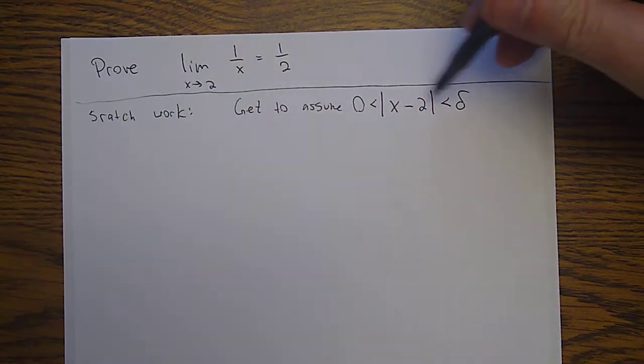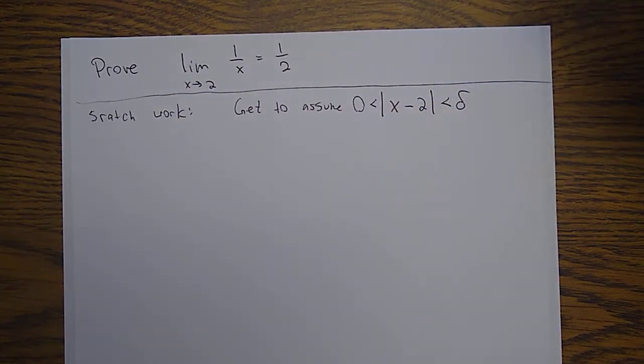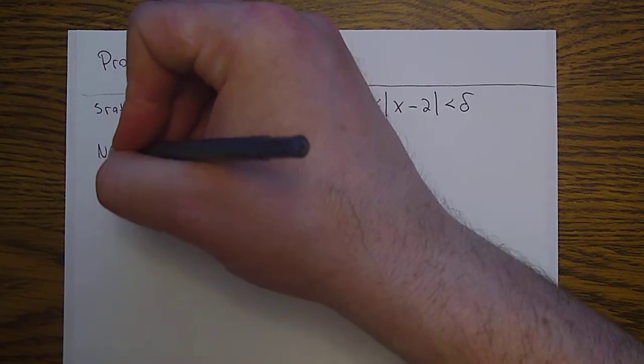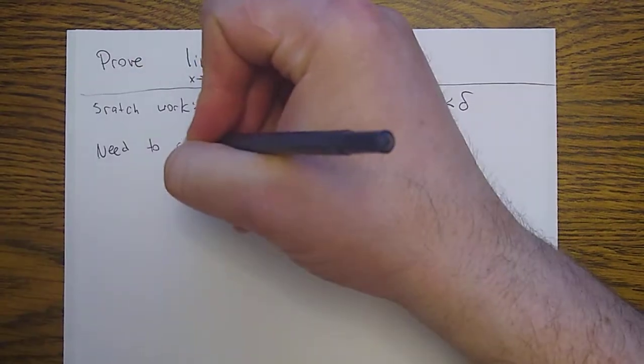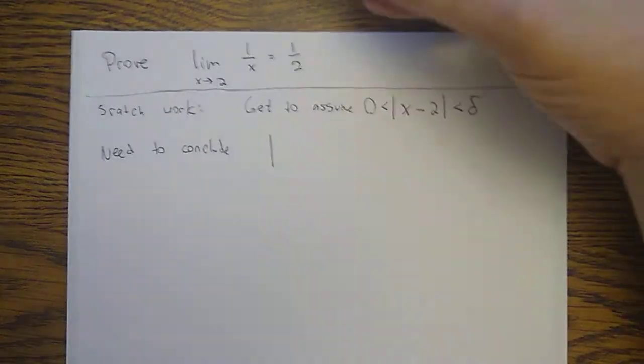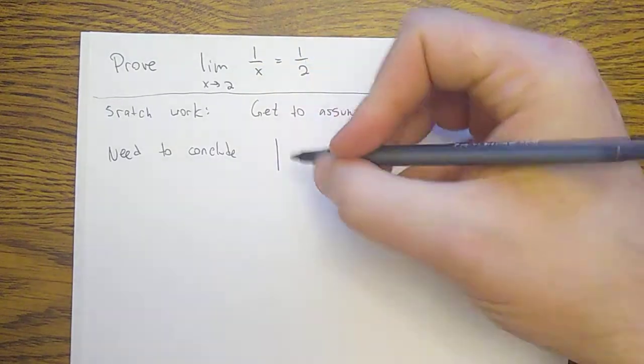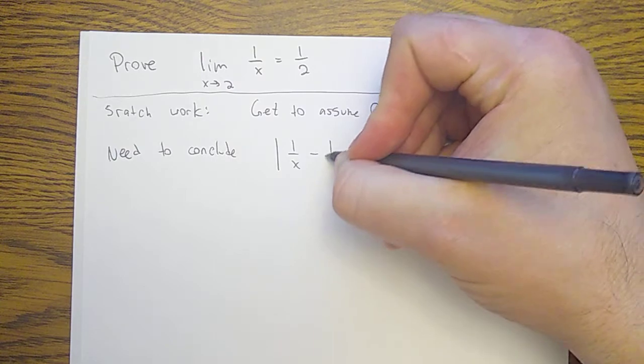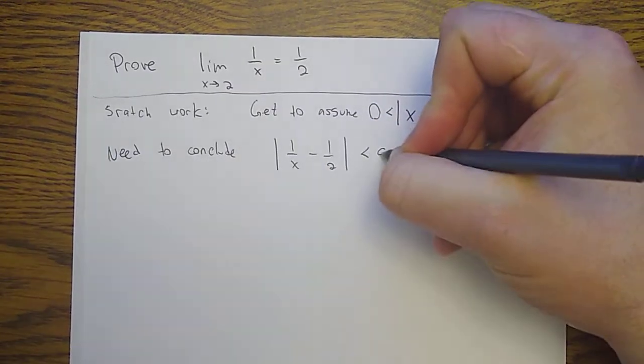But the important thing usually is the fact that this is less than delta. And what I would like to conclude from that is that f of x minus its limit is less than epsilon.